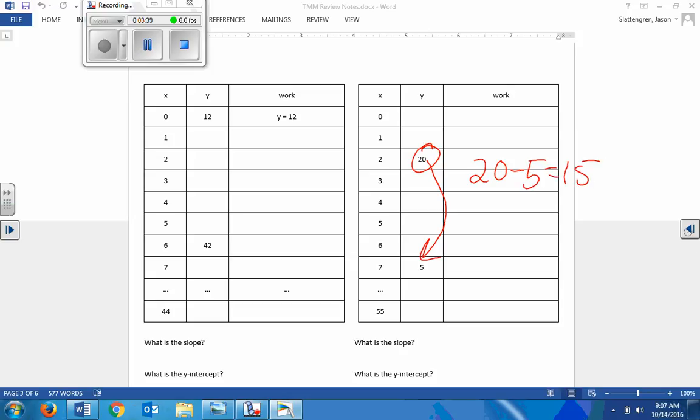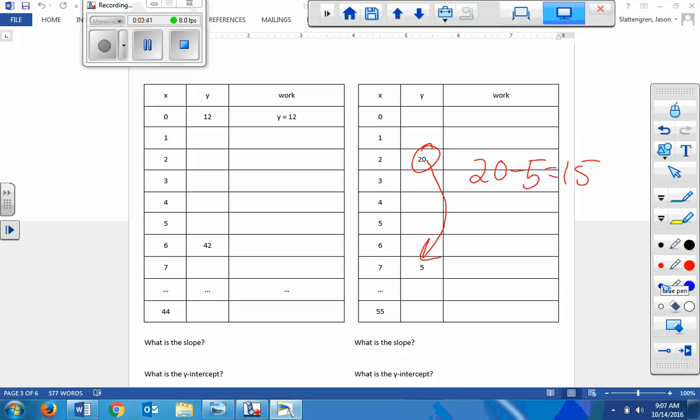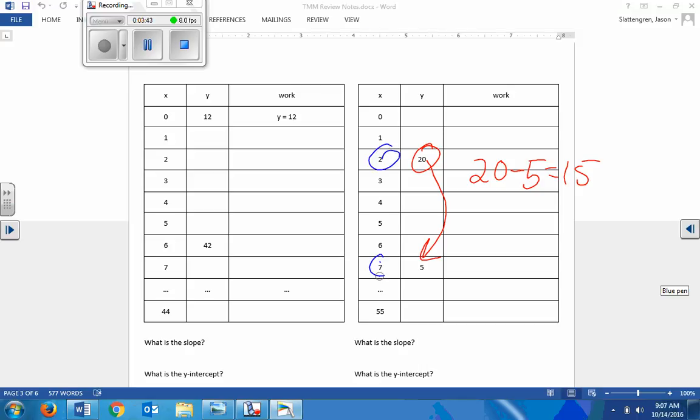Then we take 2 and 7. We subtract: 7 minus 2 is also 5. Now we want to know how much we changed for 1, so the next step is we take our change in y divided by our change in x. In this case, 15 divided by 5 is 3. 3 is our slope.